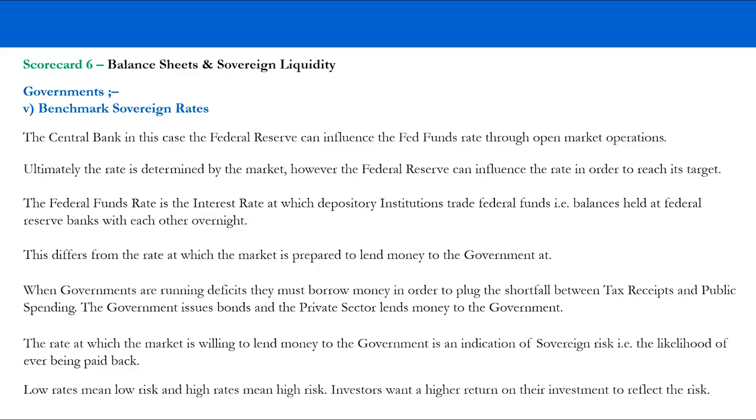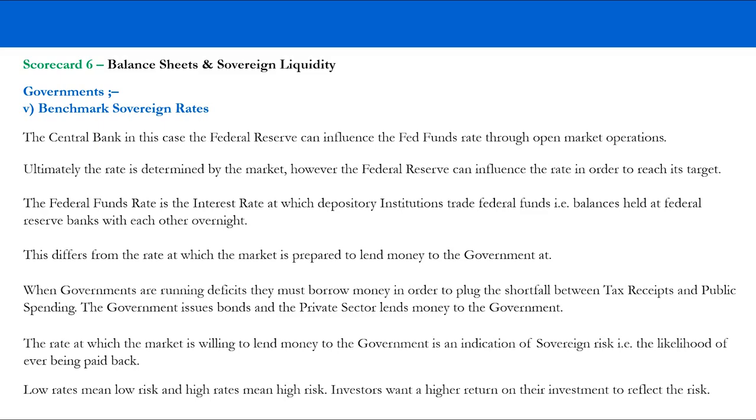The Fed funds rate, as a reminder, is the interest rate at which depository institutions trade federal funds between each other. So balances held at Federal Reserve banks trading with each other overnight. And this differs from the rate at which the market is prepared to lend money to the government at.